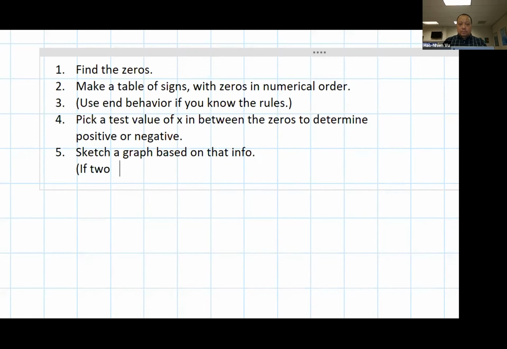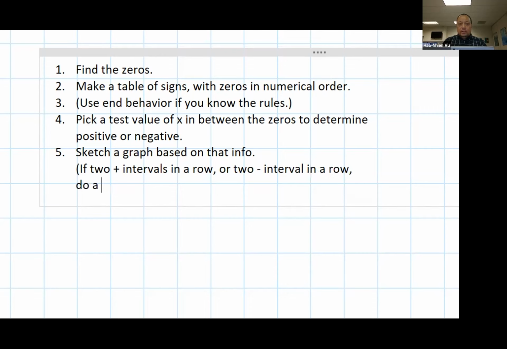If there are 2 positive intervals in a row or 2 negative intervals in a row, do a landing and takeoff. So you have one of those smooth bounces off of the x-axis. Well, that's it. That's how you sketch the graph of a polynomial.